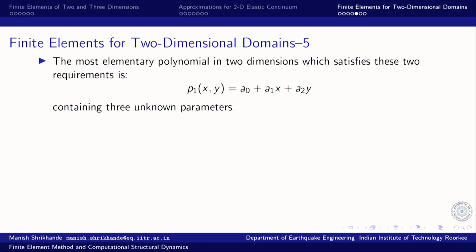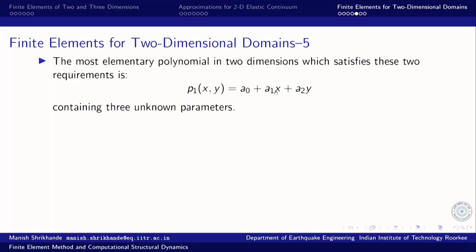So, the most elementary polynomial in two dimensions which satisfies these two requirements is the first degree polynomial, that is a0 plus a1 x plus a2 y. We use a similar expression for deriving the interpolation functions for the 3 noded triangular element. So, there are 3 unknown parameters a0, a1, a2.